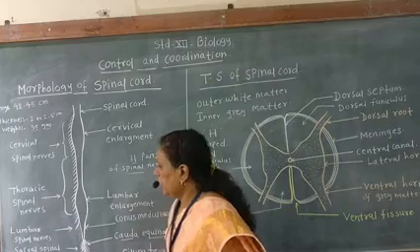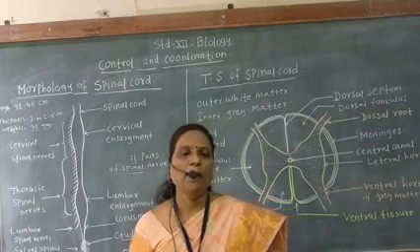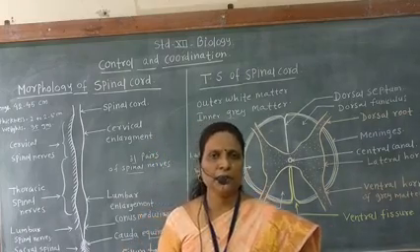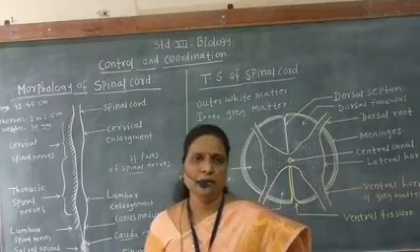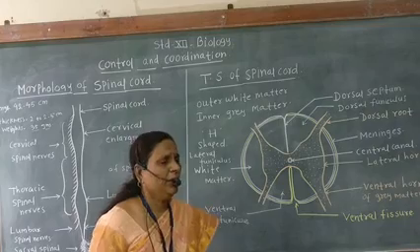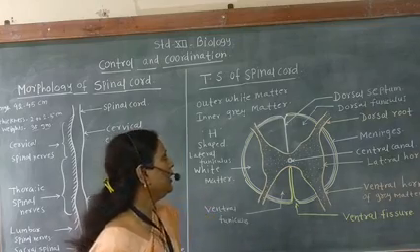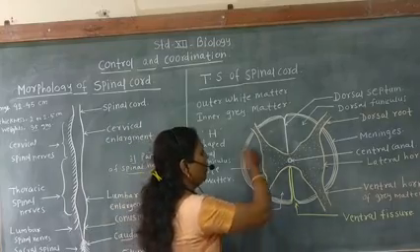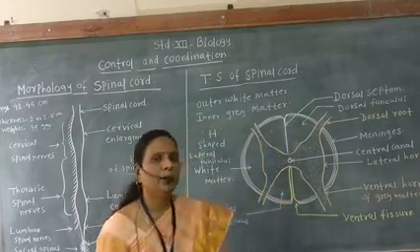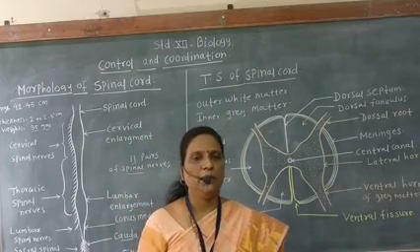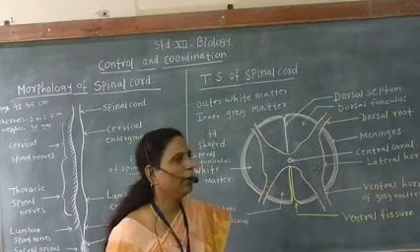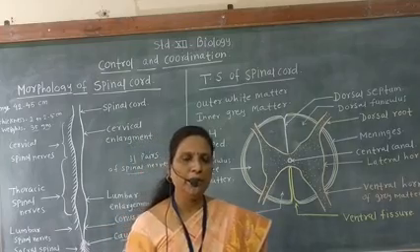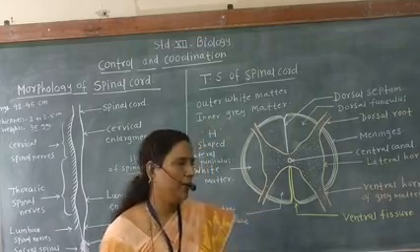Now this spinal cord is a somewhat flattened structure and whitish in color. In the transverse section, the TS, we can study the spinal cord. It is covered by three meninges: the outer dura mater, the middle arachnoid mater and the inner pia mater.